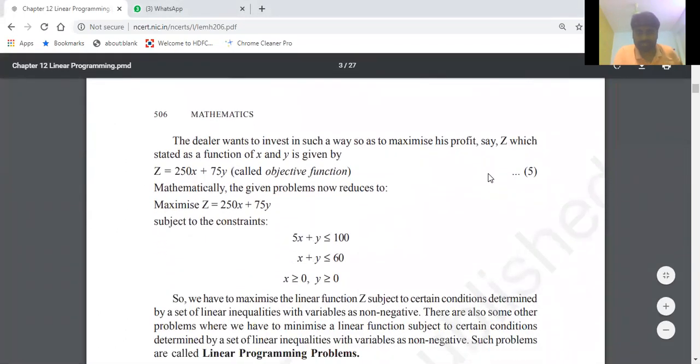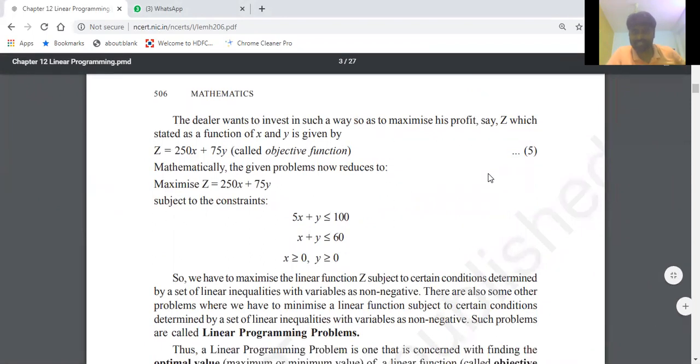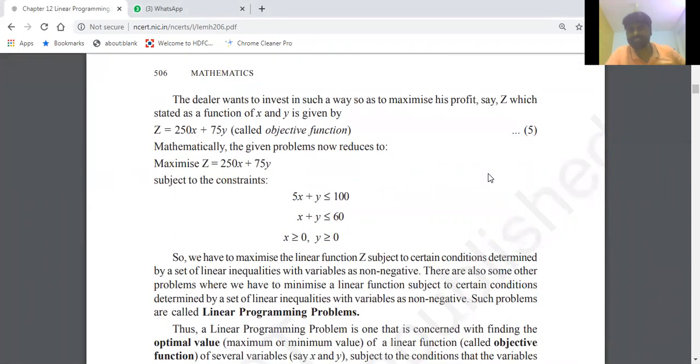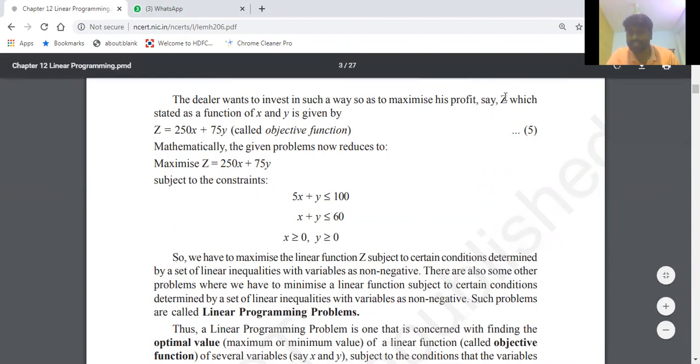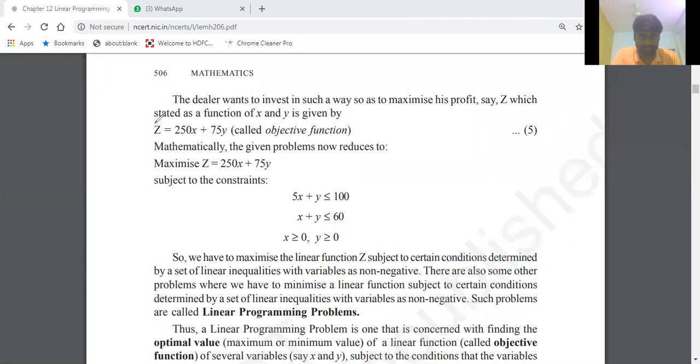Now, the dealer wants to invest in such a way as to maximize his profit. Why is he going to purchase like that? He wants to get maximum profit, correct? So what is that profit? That is our objective function, which is very, very important, which you have to understand in this case. See here, z equals, what is z? Objective function. This is the function which you are going to maximize.